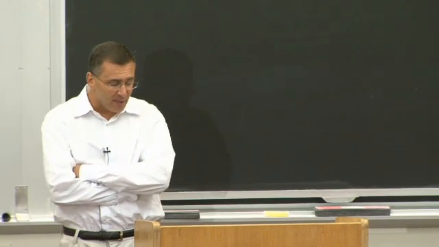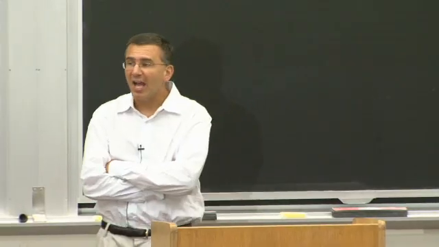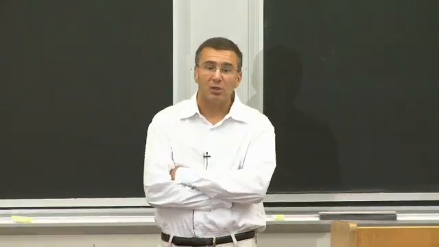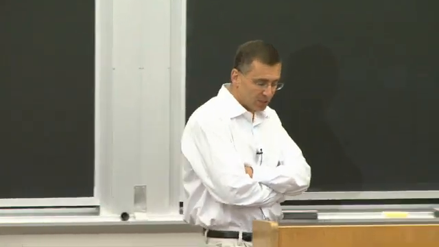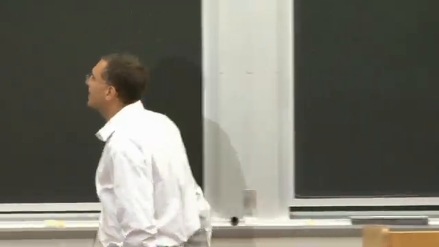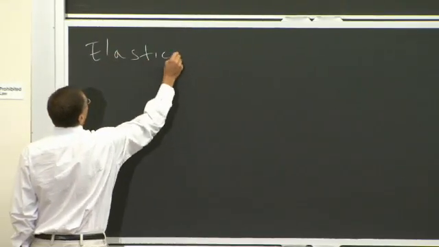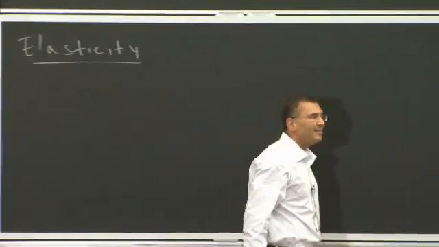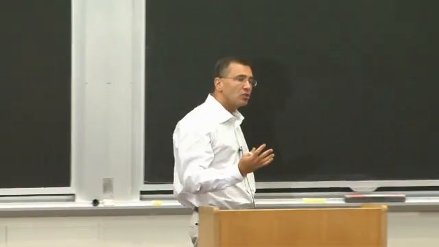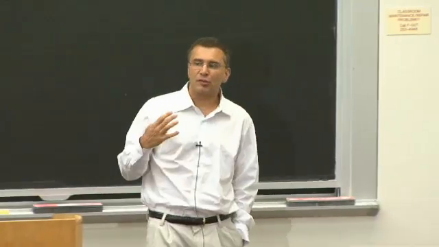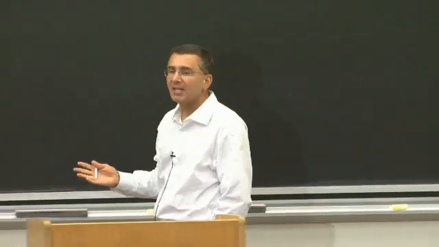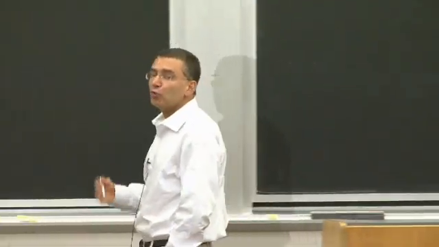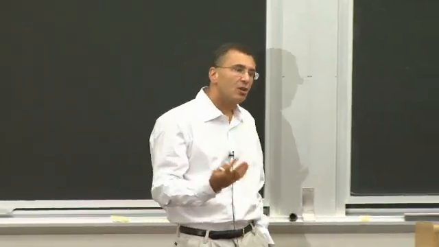What I want to talk about this time is, well, what determines the size of that shift from Q1 to Q2 and that price increase from P1 to P2? What's going to determine it is the elasticity of supply and demand. The elasticity of supply and demand is how much do the quantities supplied and the quantities demanded respond when the price changes?